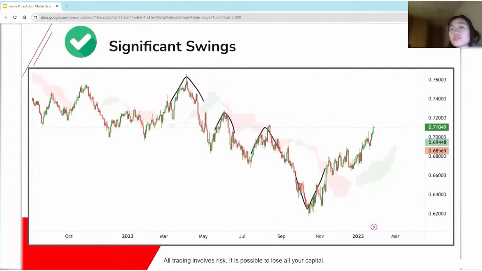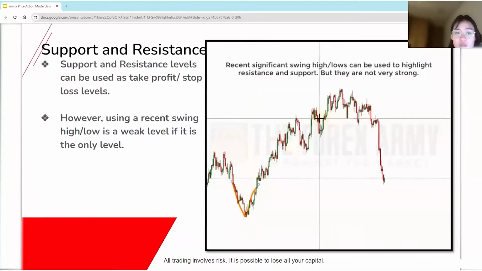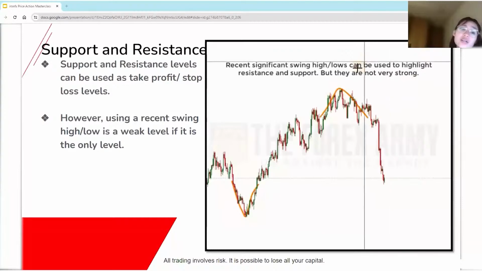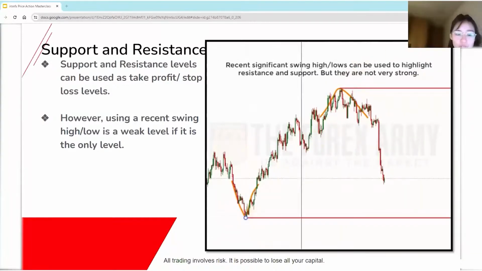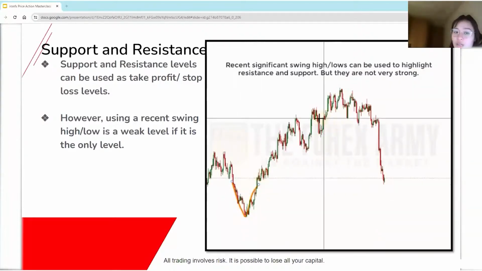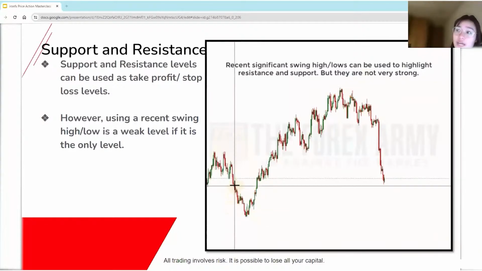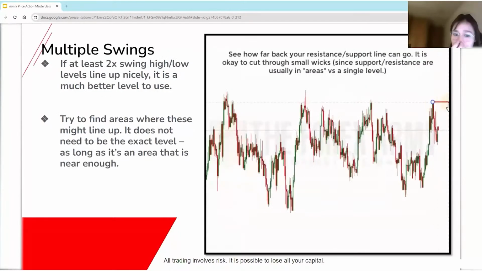So here's an example of significant swings. Very clear market movement here. And support and resistance. So these levels, as I mentioned earlier, are used as your take profit, stop loss levels, entry, exit, and so on and so forth. But an important thing to note is to make sure that there are multiple swing highs and lows that line up together so that it strengthens your entry and exit levels.